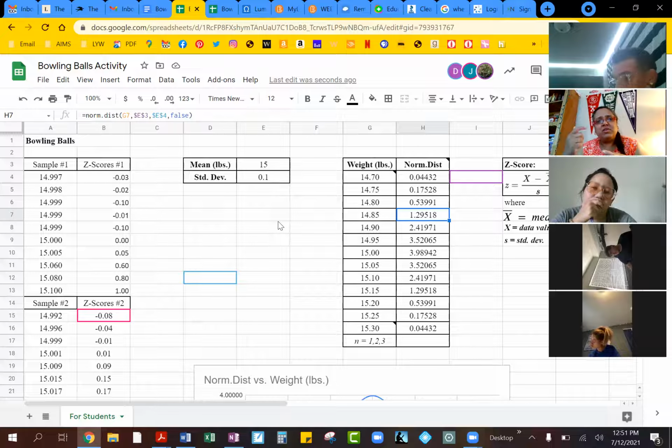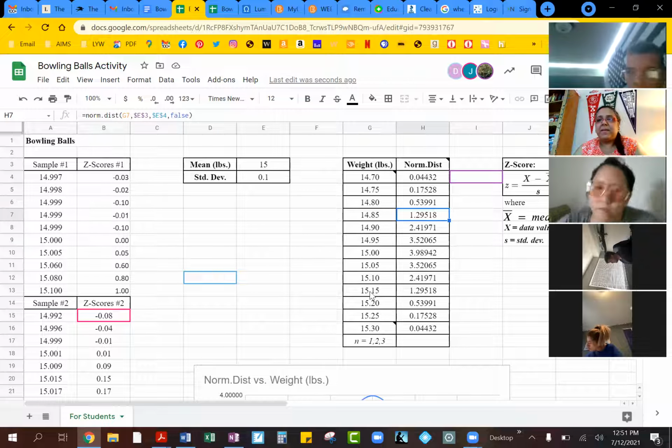So I'm not entirely sure what the true and false does, because I haven't actually found a description for normal distribution where they give you a breakdown of each formula. So yeah, I'm not sure why the false is there, but the first number has to be your data set, the weights over here. The second number has to be the mean. The third number has to be the standard deviation, and then you put false in the fourth one. Okay. Yeah. Okay. Thank you.